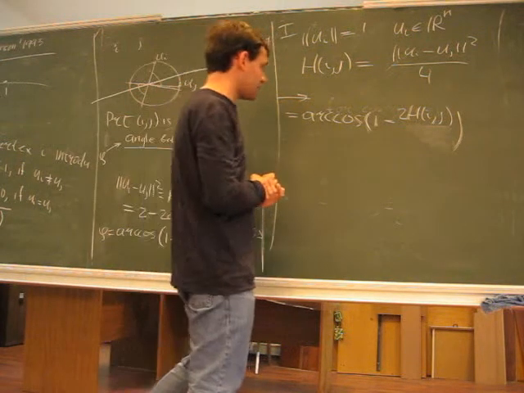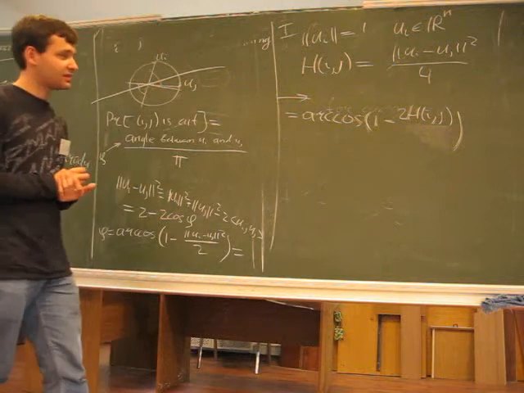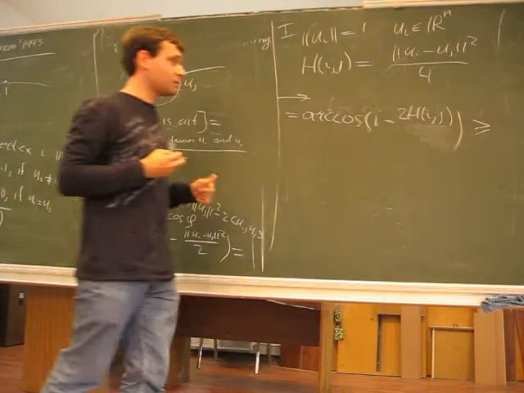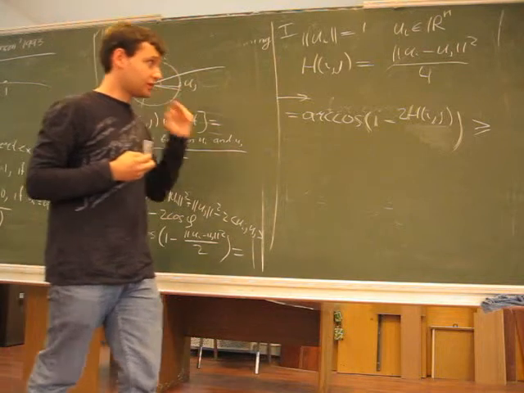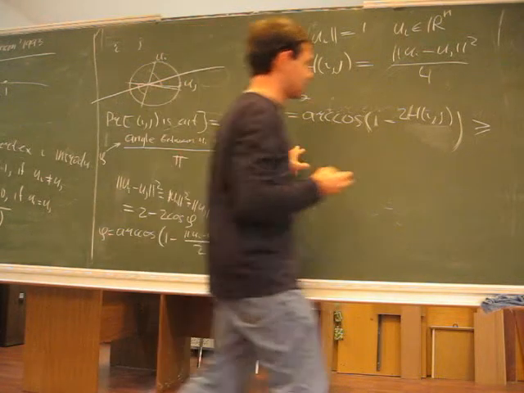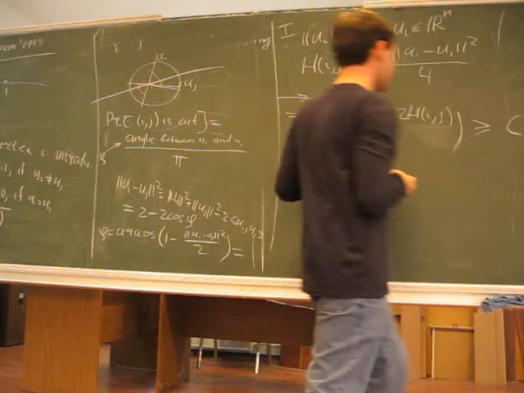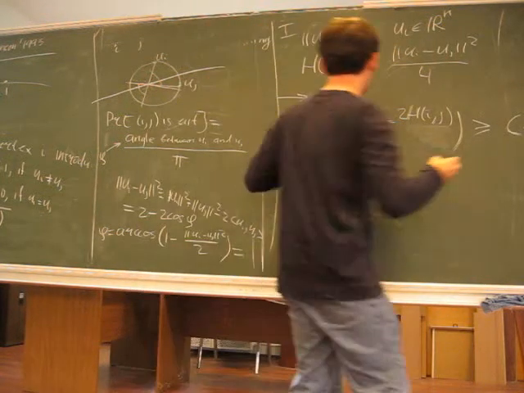And now we are doing something computational. So now we say that this expression is always some constant times the H_ij.